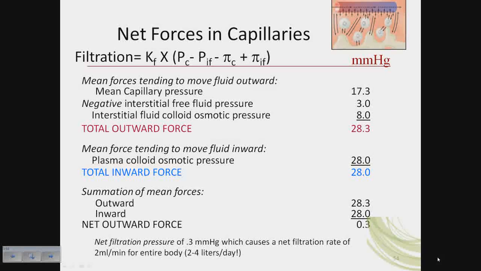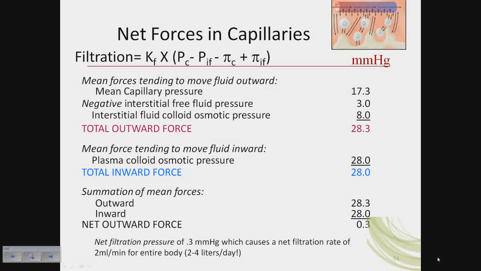And I'll remind you that lymphatic drainage is acting like a vacuum. It's promoting fluid leaving the interstitial space. So in actuality, that force with the arrow facing into the capillary lumen, it would actually be drawn facing away.